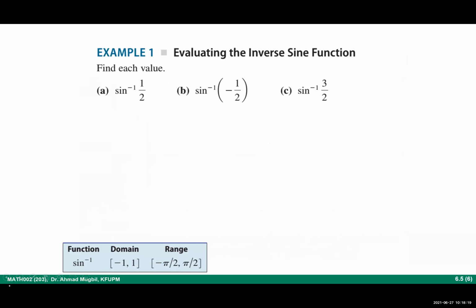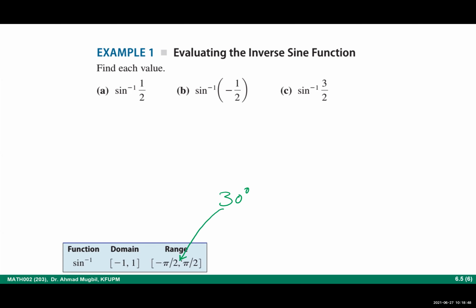Now this is the good part that I want you to have an idea about. What is sine inverse of a half? Who can tell me? Thirty degrees, which is pi over 6.